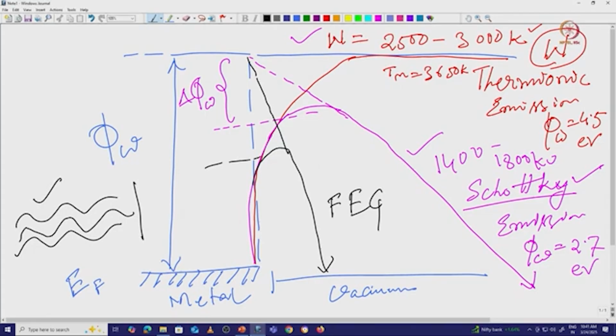That is the reason the Schottky filament or field emission gun is a better choice than the tungsten filament: whenever there is heat energy, the filament tip expands, and that affects the coherent property of the electron beam.